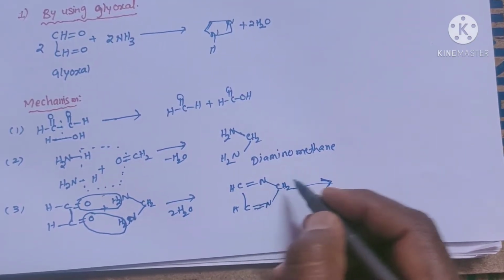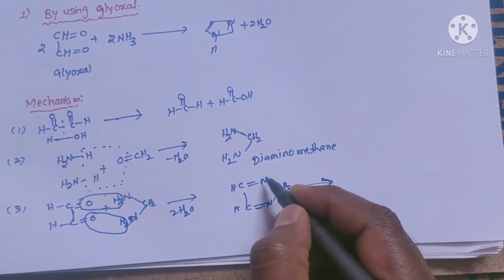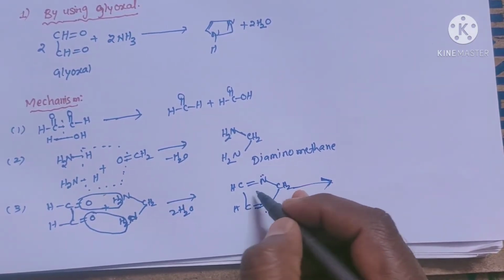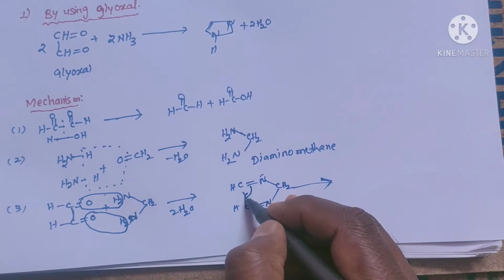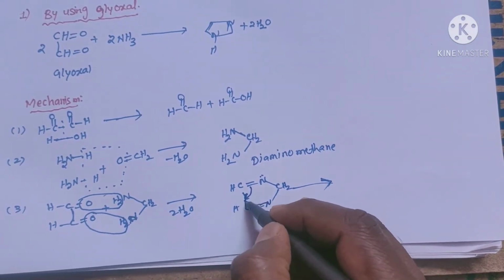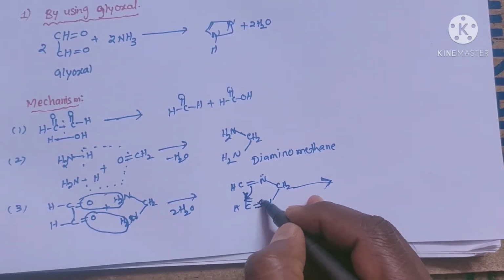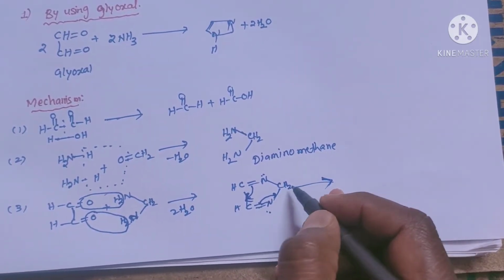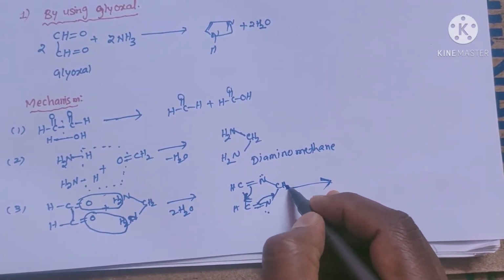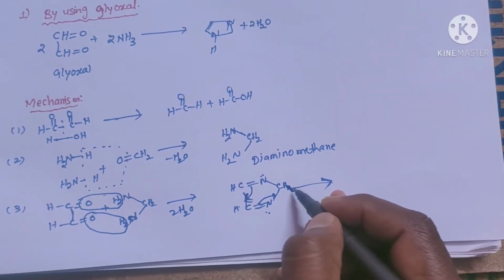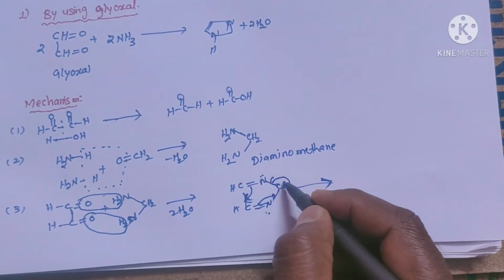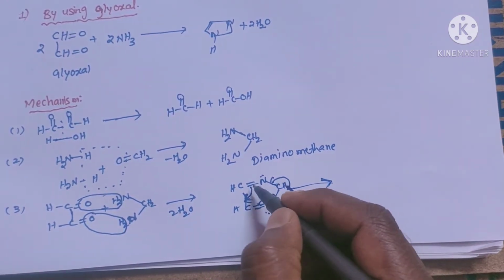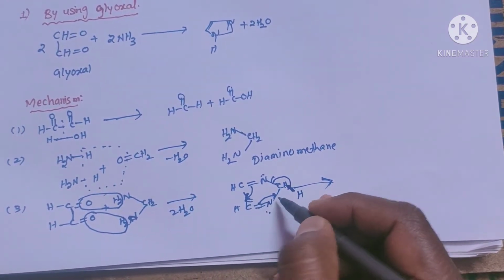As a result, what happens? Look here. So this bond comes here and this bond electron pair goes here, sorry, I have written in a wrong manner. So this C-H bond breaks here and the electron pair comes here. This bond will be shifted here. Okay, no problem.